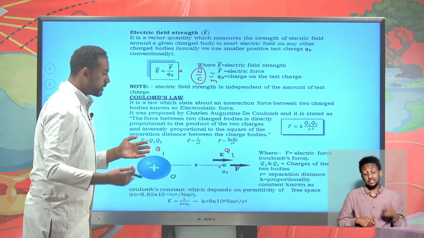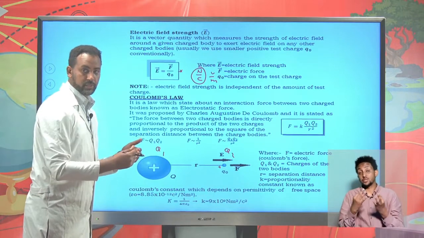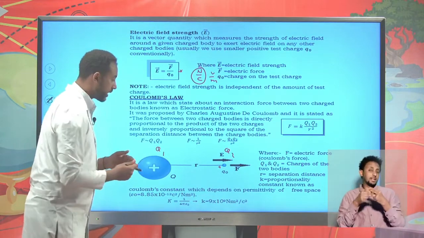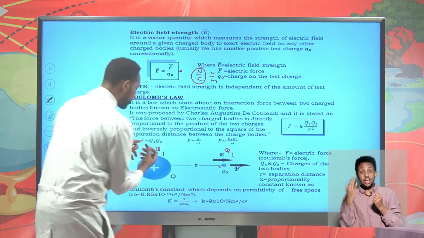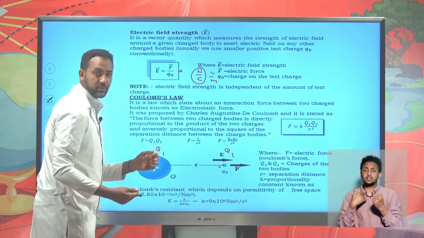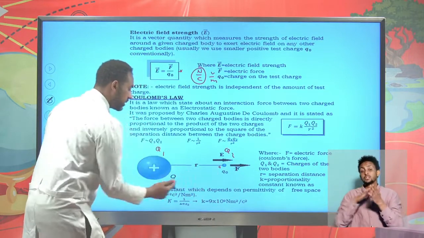So the electrostatic force, the interactive force, is directly proportional to the product of the two charges, and it has an inverse relation with the square of the separation distance between the two charges.